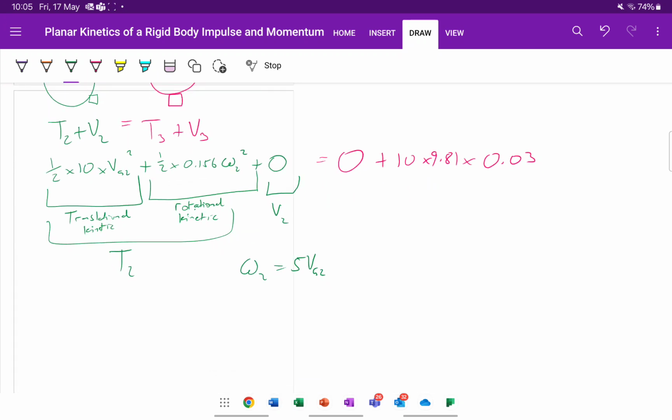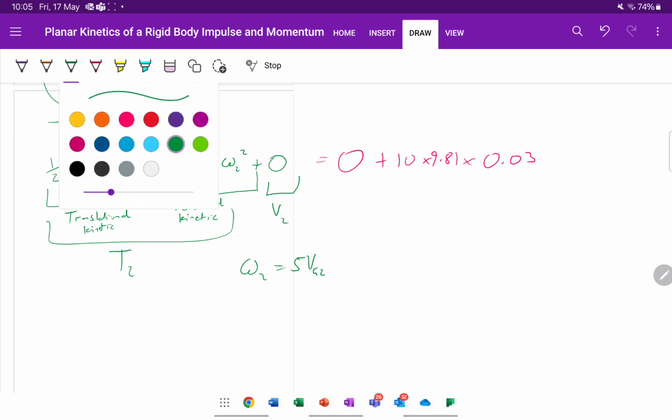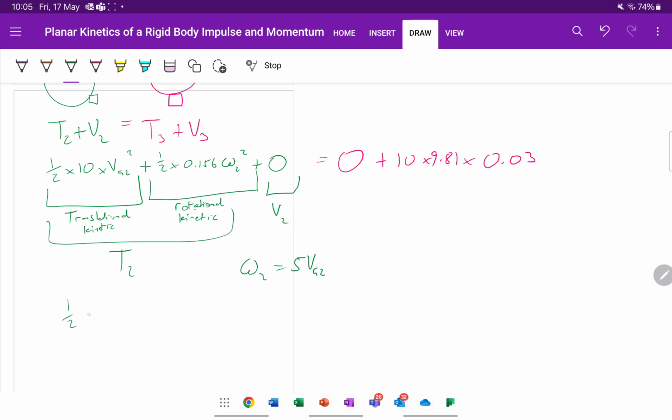So we can substitute that in and get rid of one of these values. I can say half times the mass times Vg2 squared plus half times 0.156, and then rather than omega squared, I'm going to have 5Vg2 squared, is equal to 10 times 9.81 times 0.03.